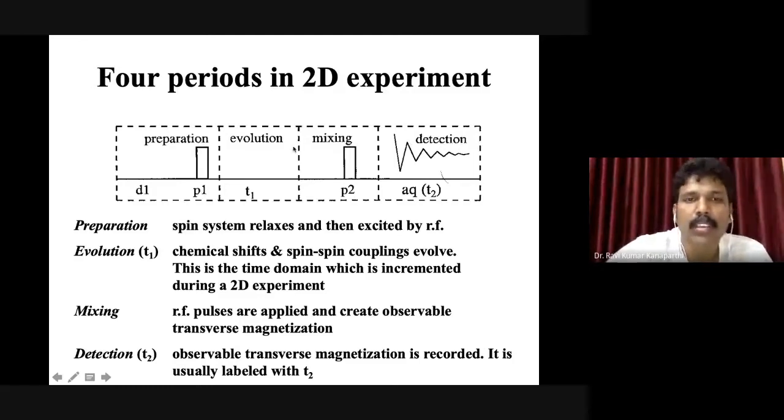During evolution, the magnetization vector, or the individual magnets, evolve with time. That is t1, and then the detection is another time variable. So there are two time dimensions. Please remember and recall that.